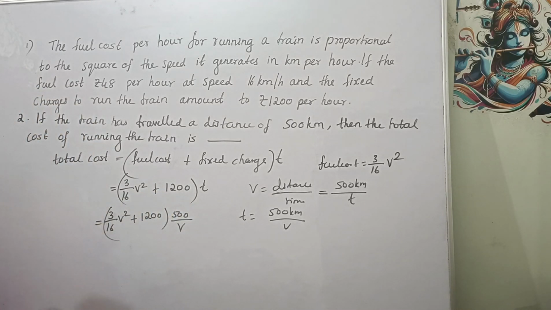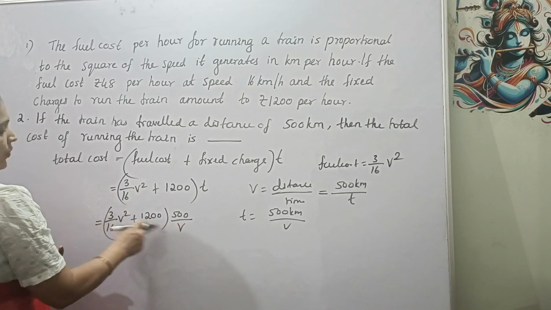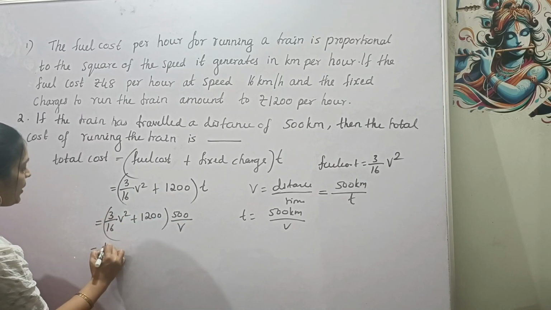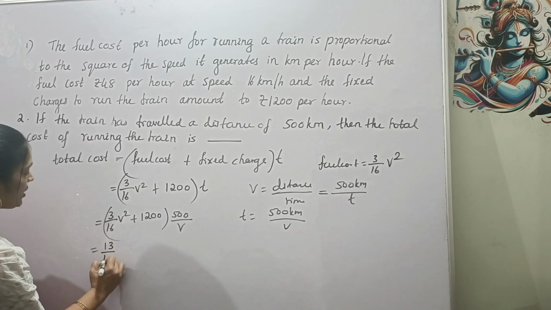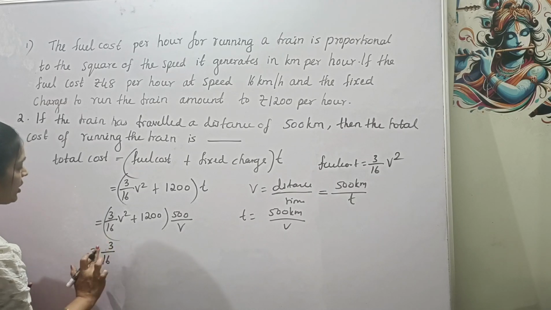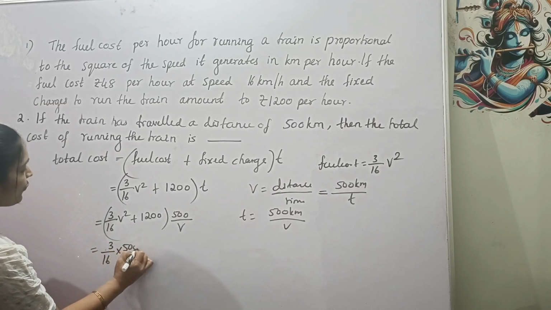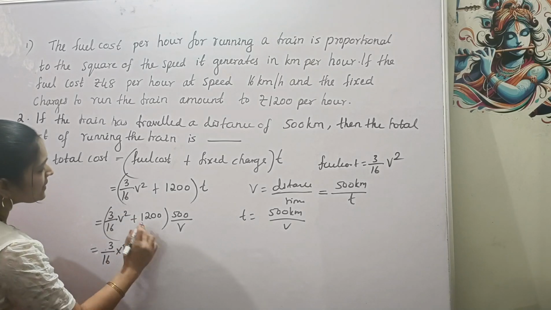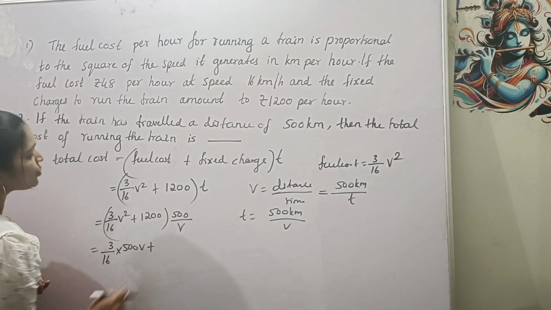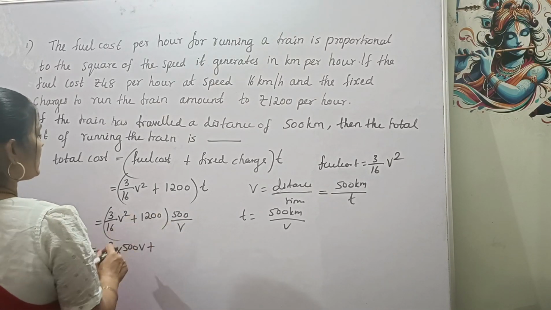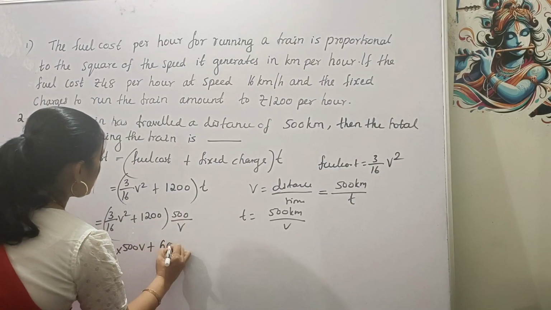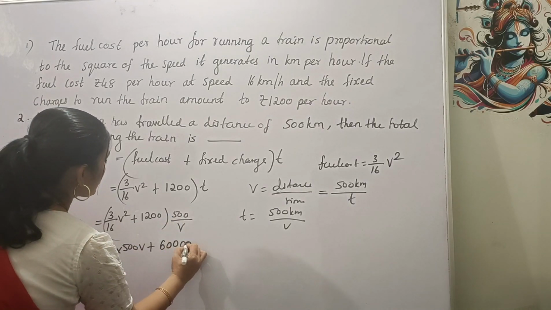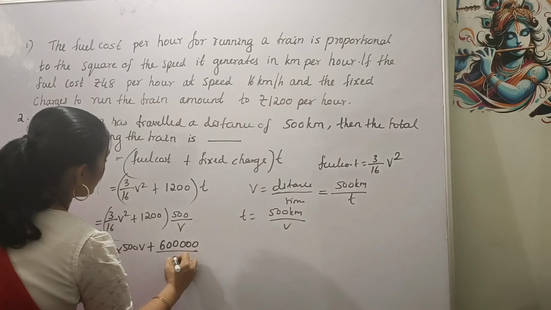It is the total cost. Now one v cancels, so it will be 3 divided by 16 into 500 v, plus 1200 into 500, that is 6 followed by 5 zeros, divided by v.